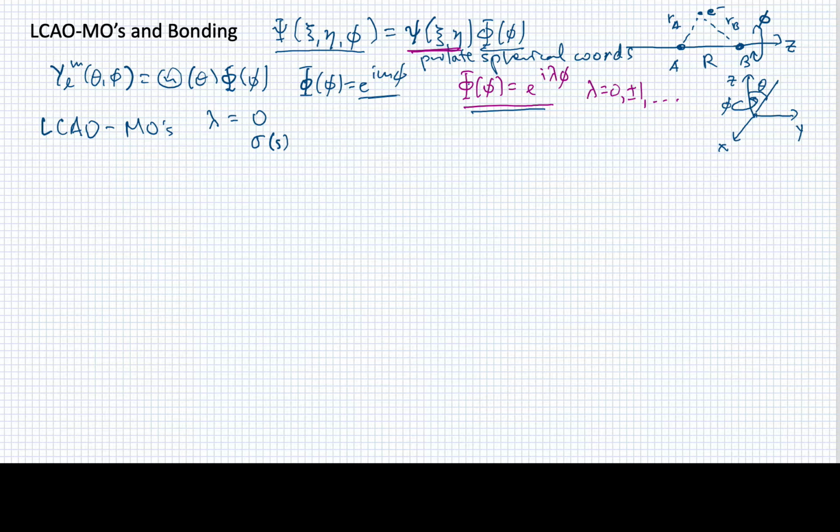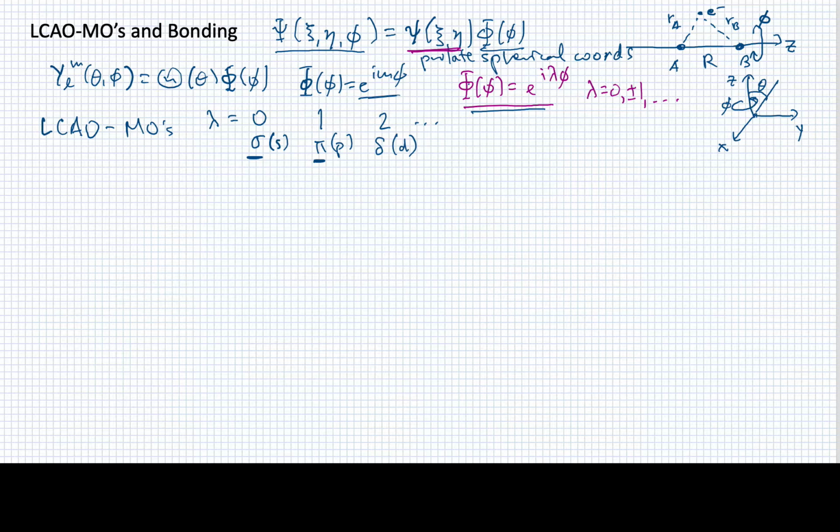When lambda is equal to 1, we call this a pi molecular orbital, which is kind of like p in the hydrogen atom case. When it's equal to 2, we call it a delta molecular orbital, which is kind of like d in that case, and so forth. We will keep going higher, but typically these are the only ones one needs to worry about, and primarily we really only need to worry about these two.